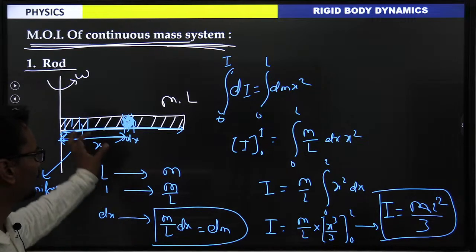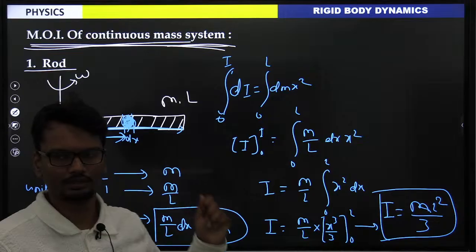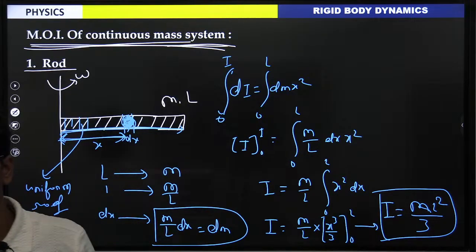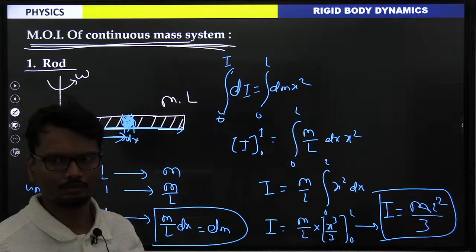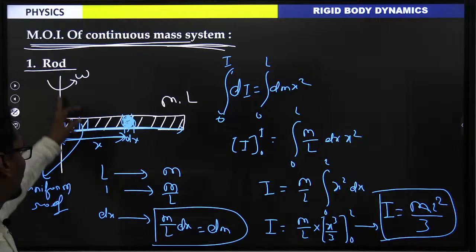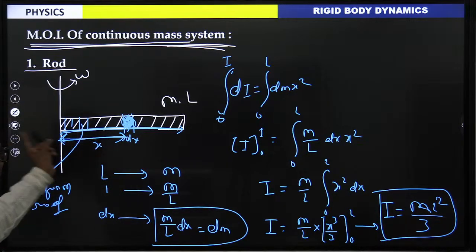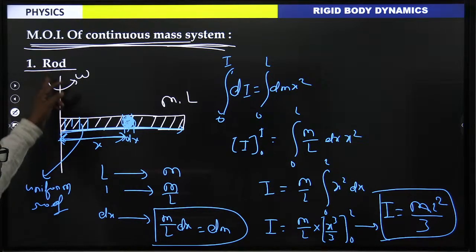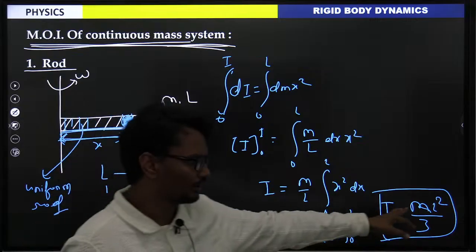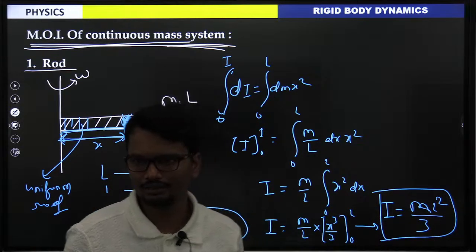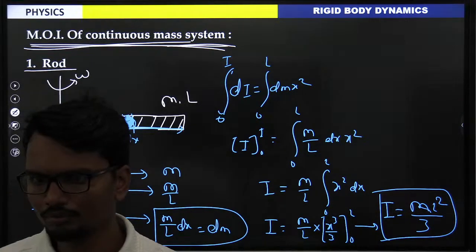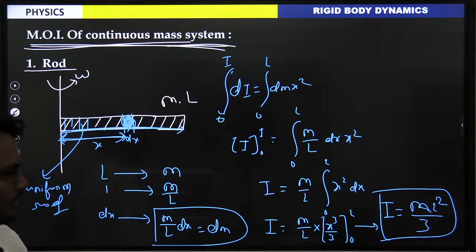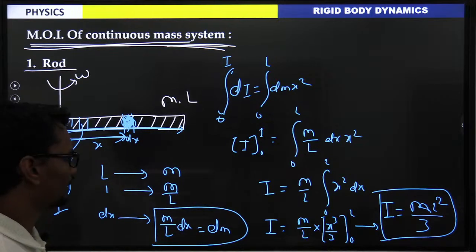If the rod is uniform and the mass of the rod is m and length is L, then the moment of inertia of the rod about one end of the rod, about the given axis, is I is equal to m L square by 3. I think this derivation is clear to all of you, and I hope all of you understand this derivation and equation.